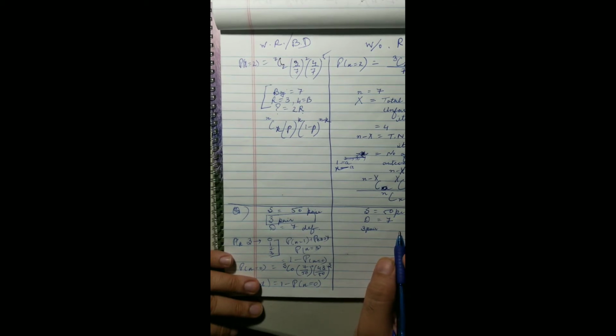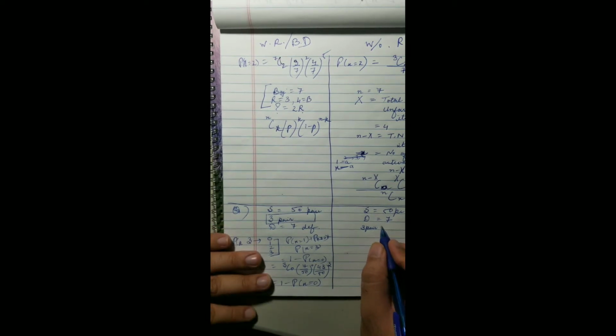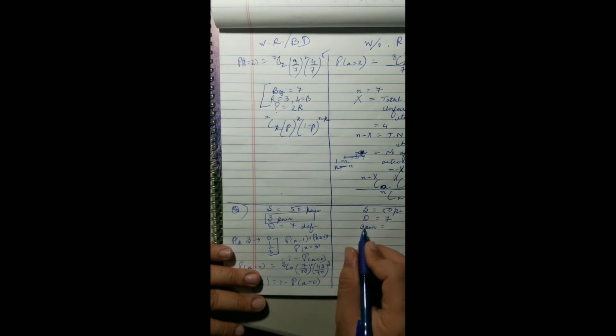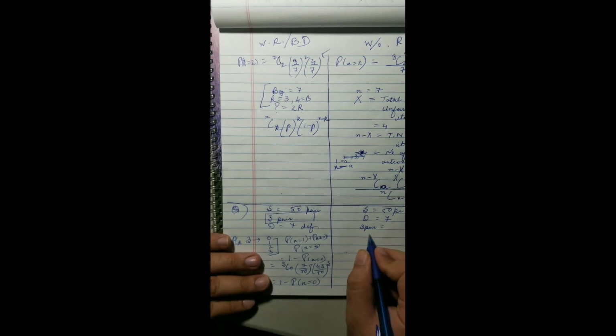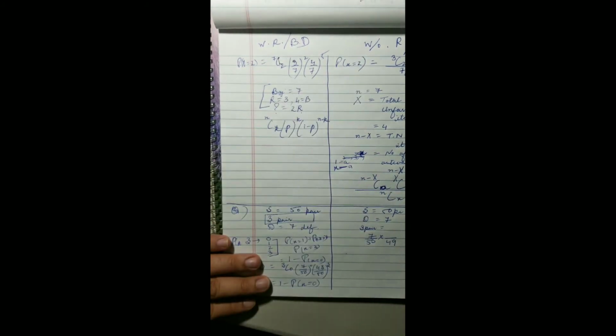When I say he's not replacing them, it means he's checking them in this case, so for the 3 pair of shoes, the probability of getting the first pair of shoe as defective is 7 over 50, and for the other two the probability changes, it would be 49, because that's what we do in without replacement.